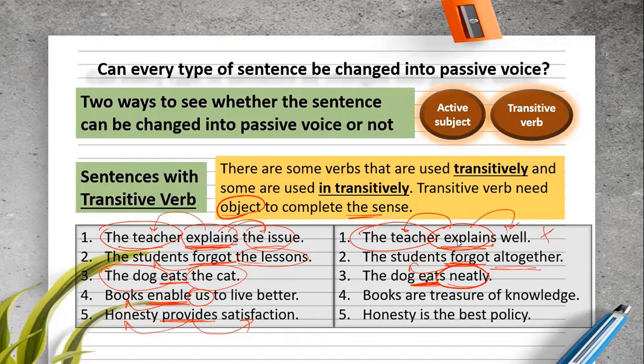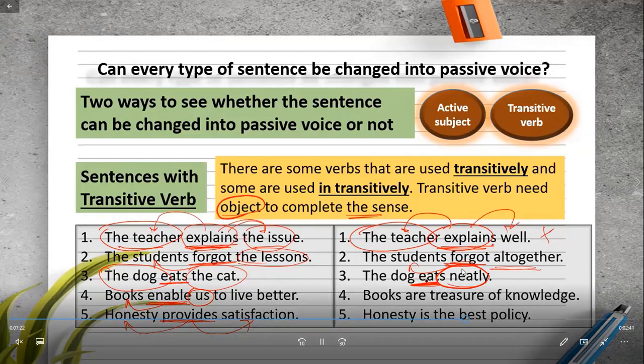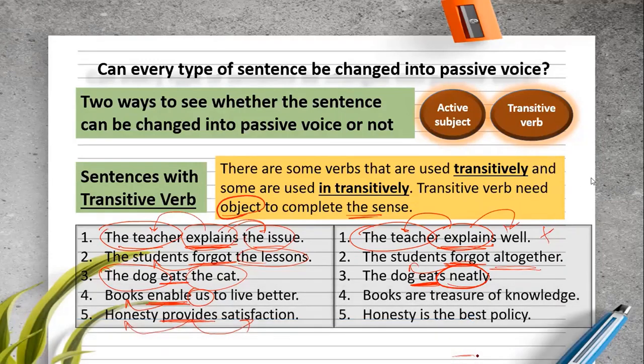Okay, same is the procedure for all the next sentences. Books are treasure of knowledge. Honesty is the best policy. Now let me tell you one more thing: whenever we have the linking verbs like are, is, am, was, were in the sentence, these types of sentences cannot be changed into passive voice.